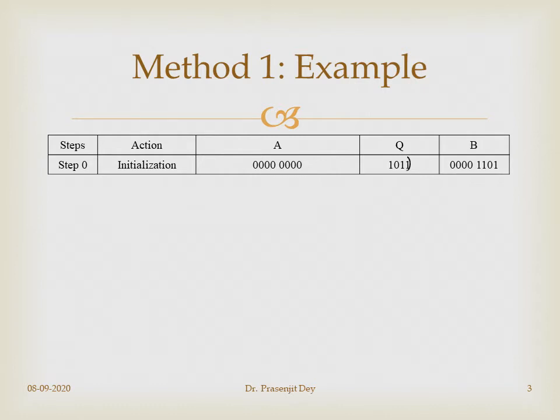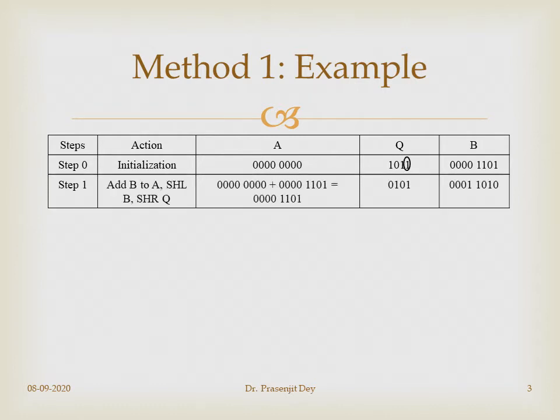Now, as the last bit of the multiplier is 1, we add the multiplicand to A, and after that we shift the multiplicand B one bit left and the multiplier one bit right. So the result in A is 00001101, Q becomes 0101, and B becomes 00011010.